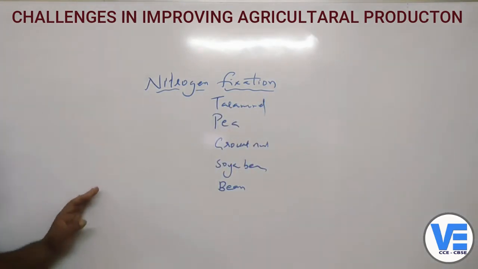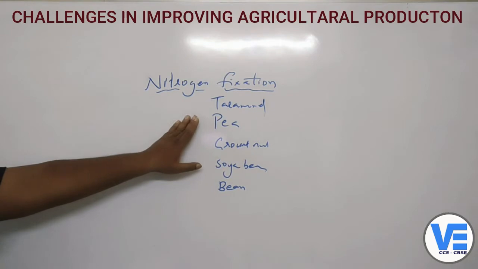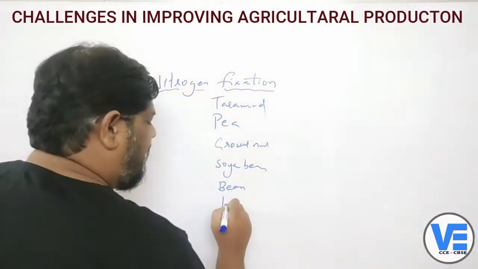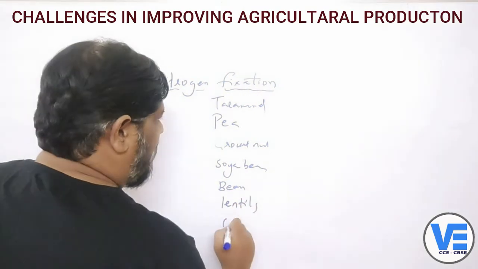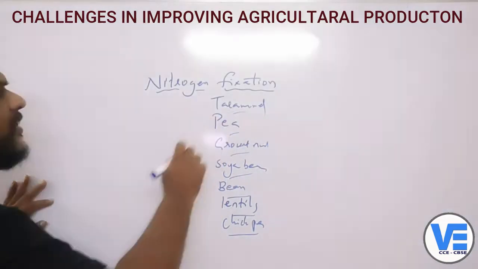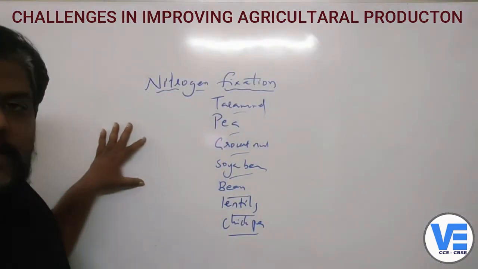There are several examples for the Leguminosae family. You can take lentils and chickpea also. All these are different examples of leguminous plants.